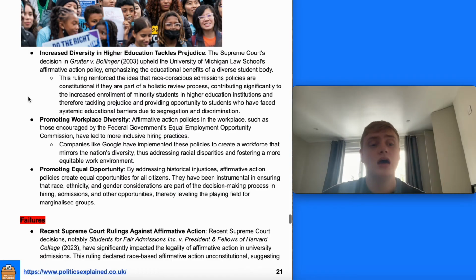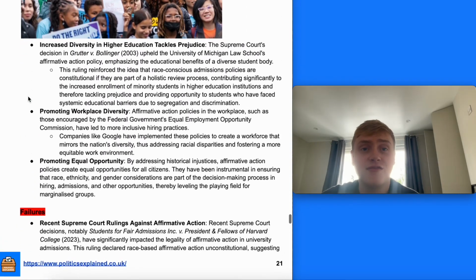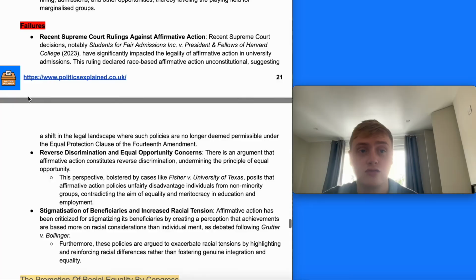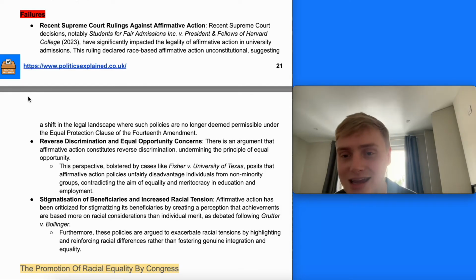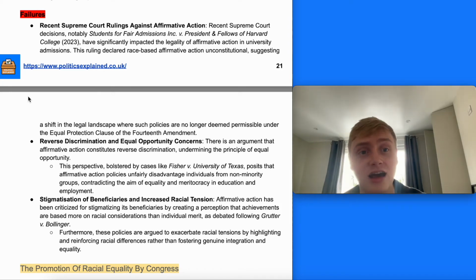On the other hand, it can be argued to be failing to promote racial equality, because recent Supreme Court rulings have gone against affirmative action, which is now effectively assumed to be against the Constitution, at least in university admissions, even if it's considered as one of a number of different factors in a holistic admissions process.